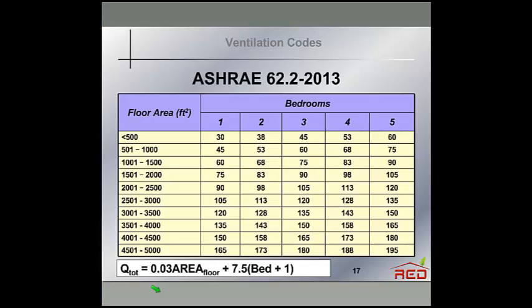You will find differences, however, in warm climates. The whole building ventilation requirement for the 2013 version is usually higher than for the 2010 and 2007 versions.